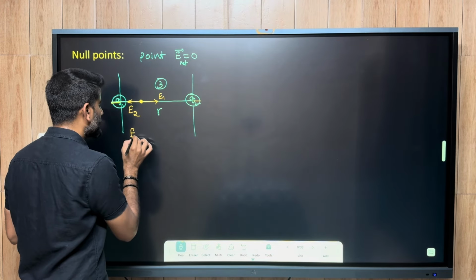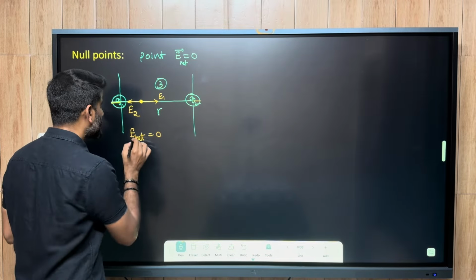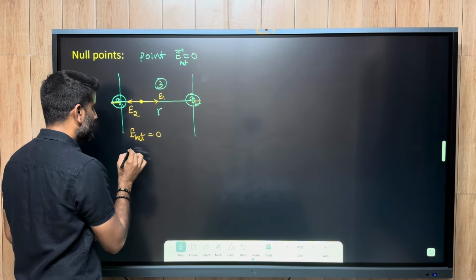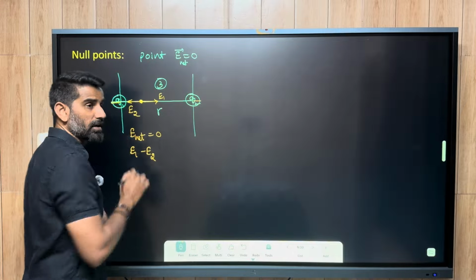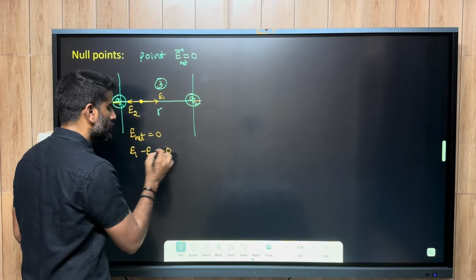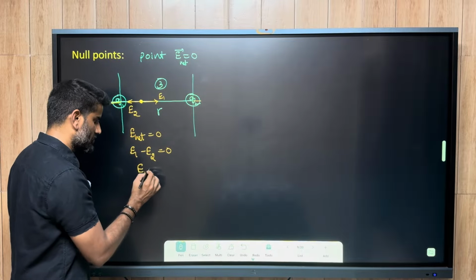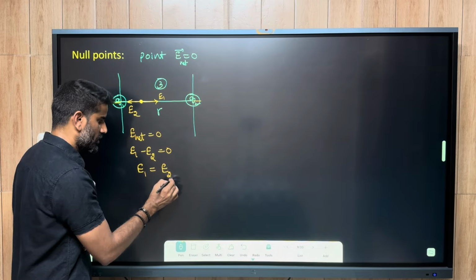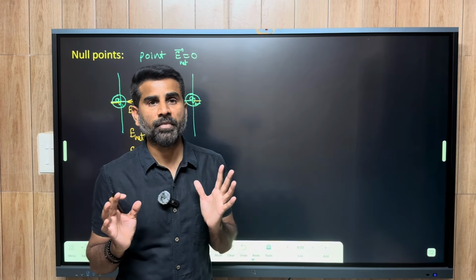E net to be 0 in the sense E net is nothing but E1 minus E2, because the two fields are acting in opposite directions, which must be equal to 0. So according to this equation, if I rearrange, E1 is equal to E2. That means the magnitudes of the electric fields must be the same.